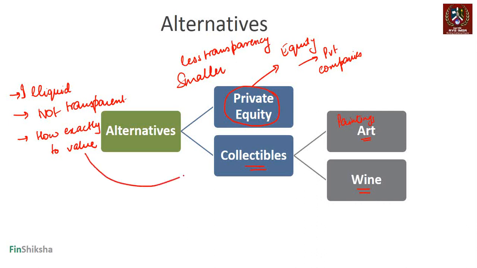So how exactly do you value collectibles is not known, and these are some of the key risks or problems with alternative investments. So typically you will find that alternatives would only be looked at by HNIs and ultra HNIs, ultra high net worth individuals who have a lot of money. They have investments across all the other asset classes. They will then go and look at art and wine as collections or private equity as an investment opportunity, right?